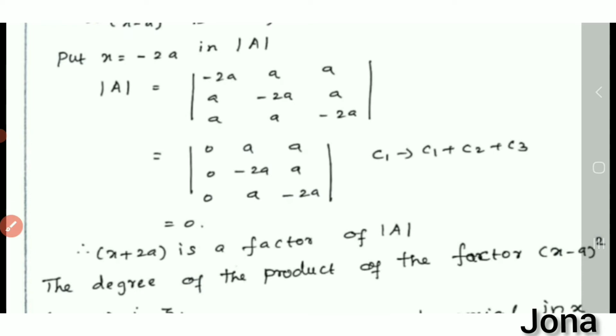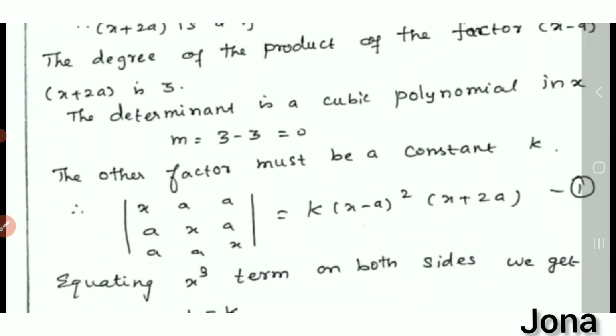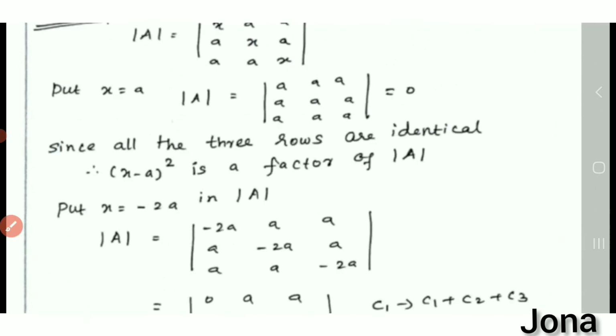But actually, the degree of the product of the factors we found now, x plus 2a and (x minus a) the whole square, is 3. Totally 3. The determinant is a cubic polynomial in x, as given in the problem here.